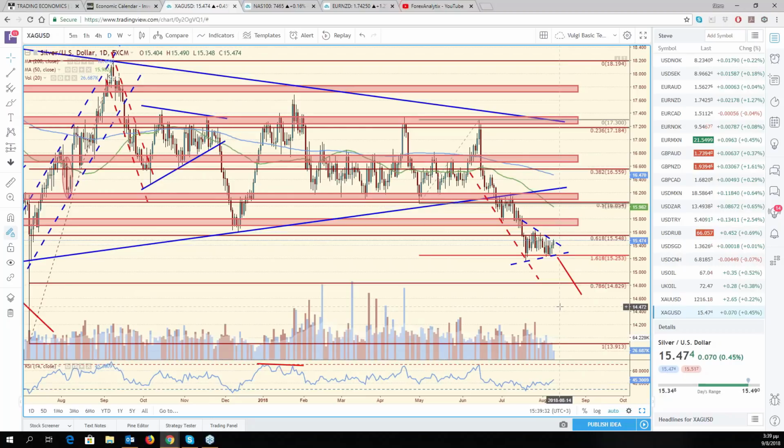Silver can also break higher, but I have to admit here, oppositely from gold, which produces that nice descending wedge, which is one of my favorite wedges. Ascending and descending wedges are some of my favorite formations to trade.